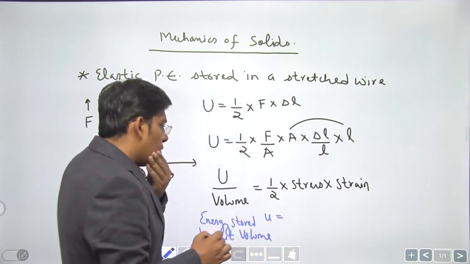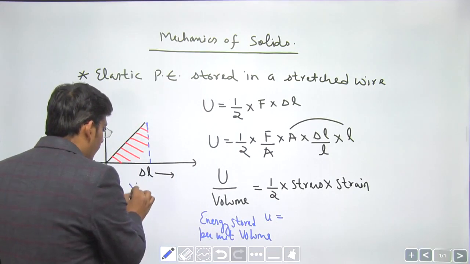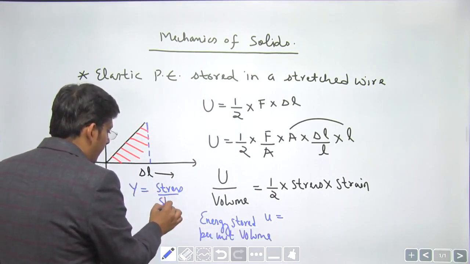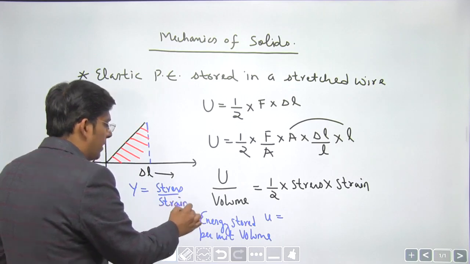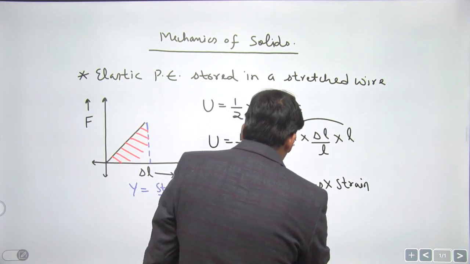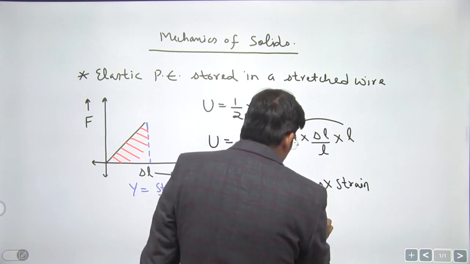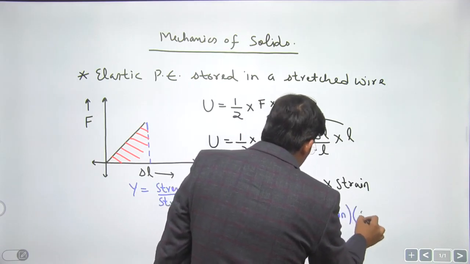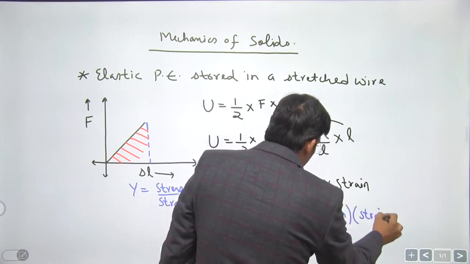Obviously we can use the formula that Young's modulus is stress divided by strain. So you can replace stress by Young's modulus times strain, so half Young's modulus times strain squared. You can remember these formulas. These are very important formulas, dear students.